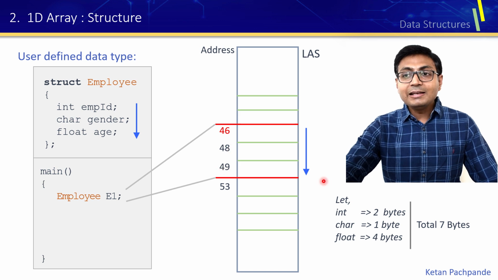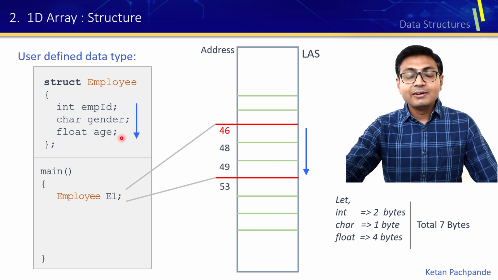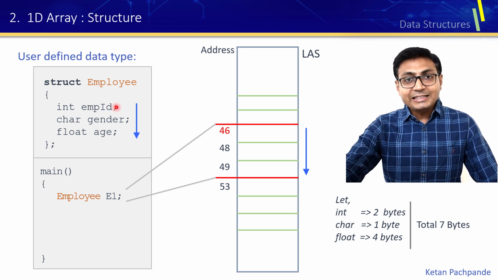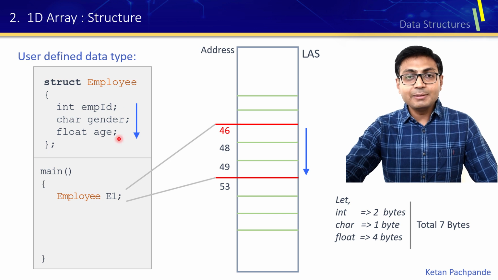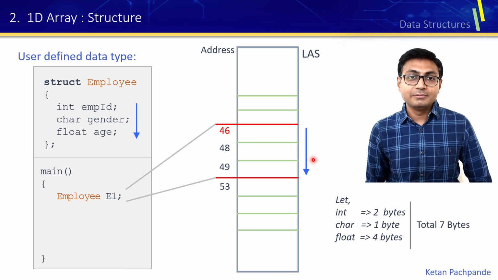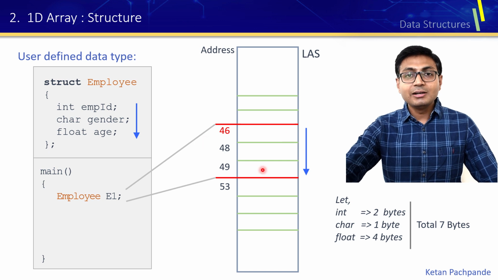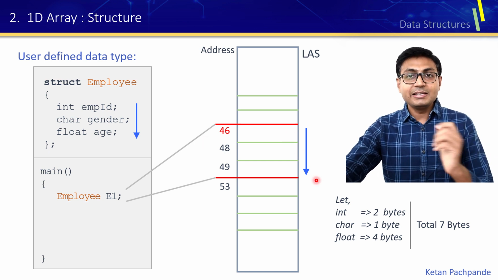And 49, 50, 51 and 52, the 4 bytes, are allocated for the variable age. So in short, the sequence in which you have defined the variables in the structure is the same sequence in which the memory is allocated. And these 7 bytes constitute your one variable of employee, that is E1 here.